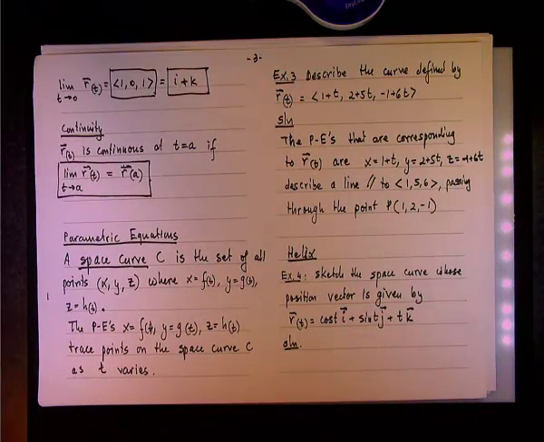We need to sketch the space curve whose position vector is given by the vector function cosine t i plus sine t j plus t k.